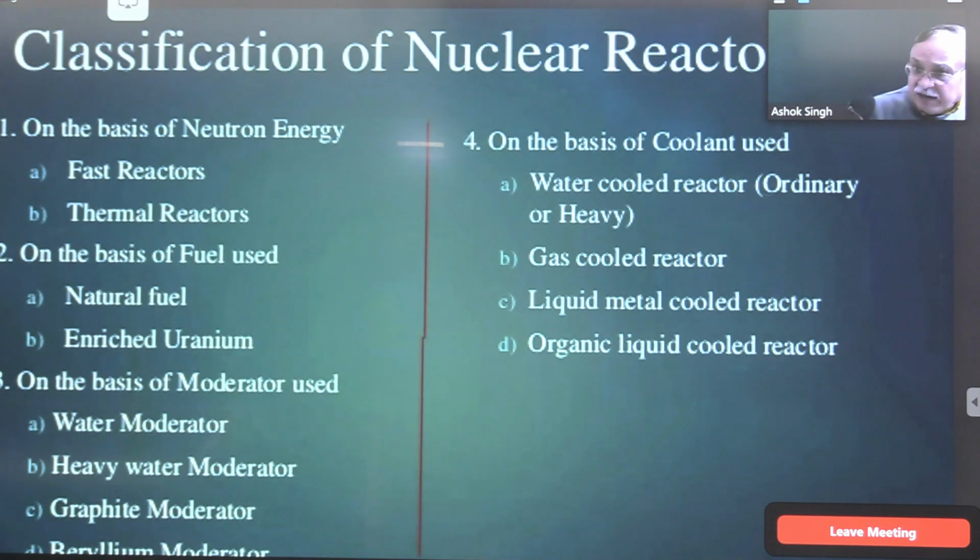But the new reactors that India is developing are liquid metal cooled. This is something that again we'll look at further. Using liquid metal for cooling purposes. In particular, liquid sodium, which is a metal. So this is how you classify reactors of different types. Most important classification is the first and second. Third and fourth, just one or two points are relevant.